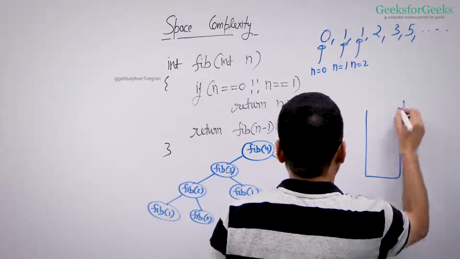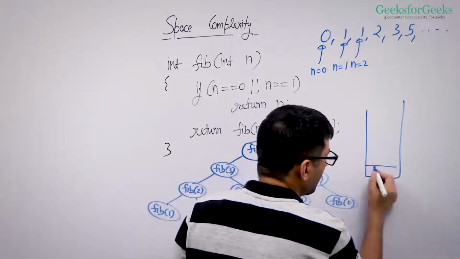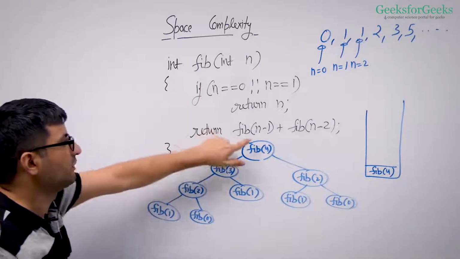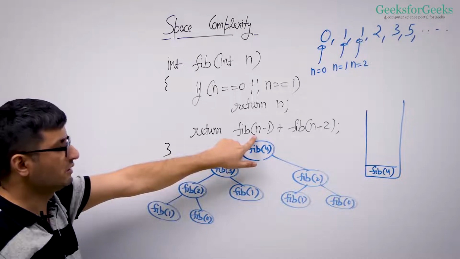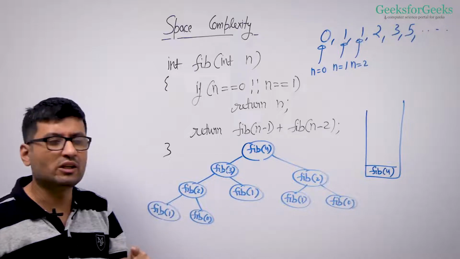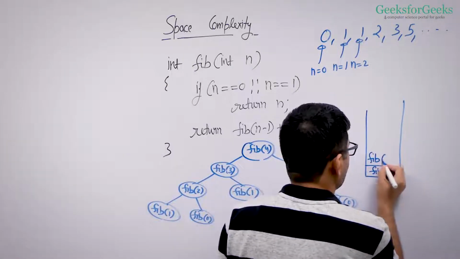What happens when you call it recursively? You call it for Fibonacci 4, and Fibonacci 4 begins its execution from here, comes here, and then makes a recursive call for Fibonacci 3, right? So what do you have in the recursion call stack as of now? You have Fibonacci 4, then Fibonacci 3 goes into the recursion call stack.